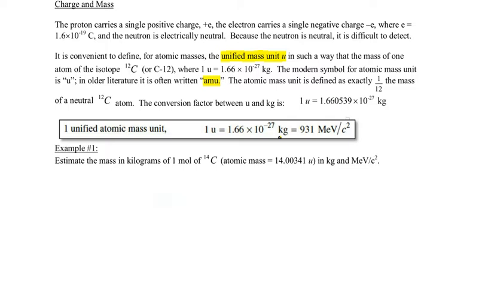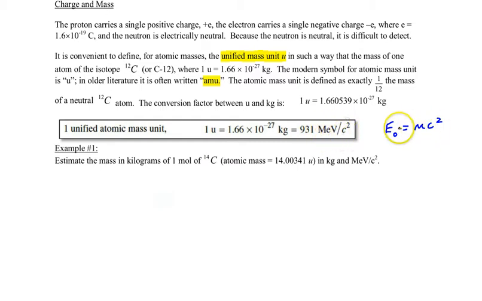Furthermore, you can alternatively write the mass of an atom in units of energy. This is significant because later on you'll be using E equals mc squared, and instead of your mass being in kilograms, you could write it in mega electron volts per c squared.